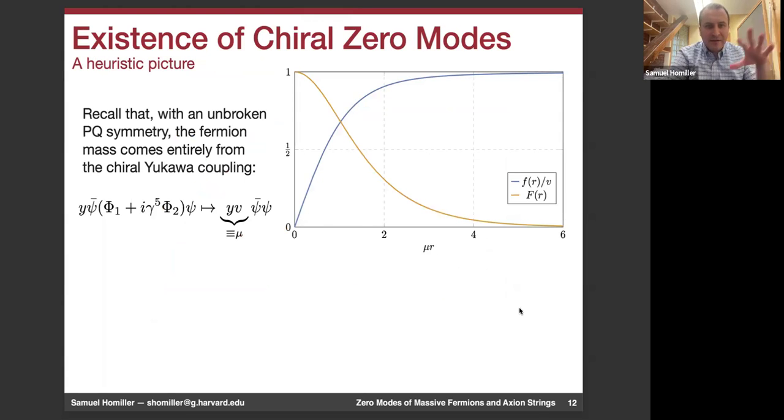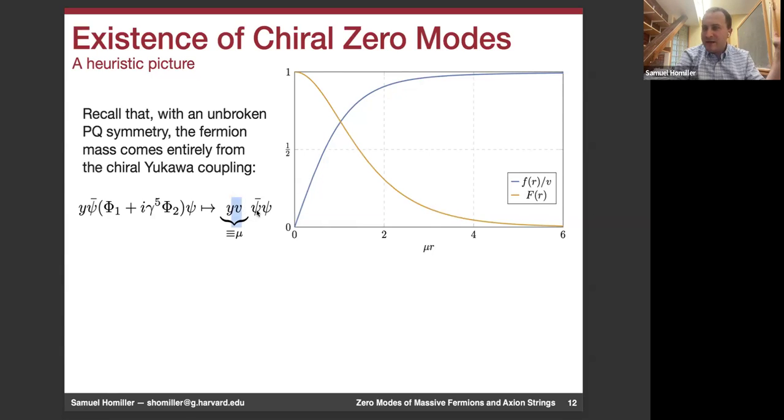And now, I've kind of come around and said this a couple times, but I think essentially you can look at these solutions and get a sort of heuristic picture that when you have this PQ symmetry, it spontaneously breaks from the scalar field. All of the fermion mass in the trivial vacuum comes from this chiral Yukawa coupling, right? The scalar takes some vacuum expectation value.